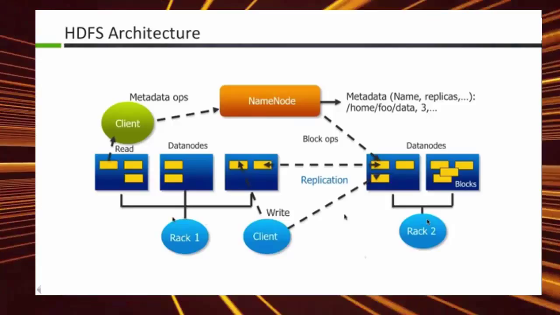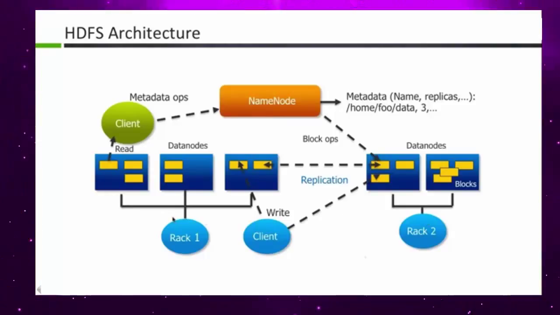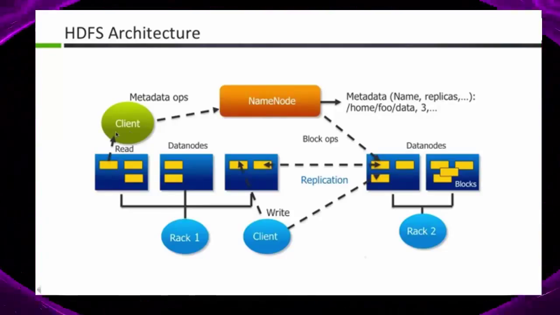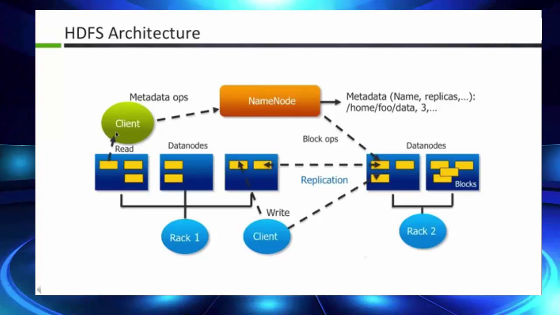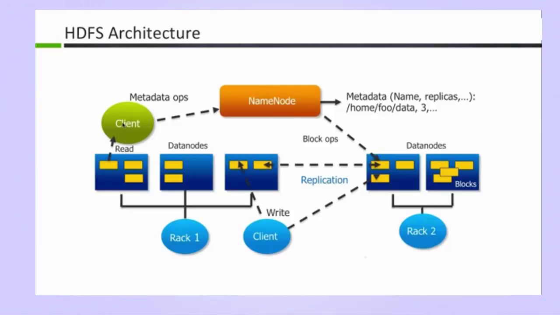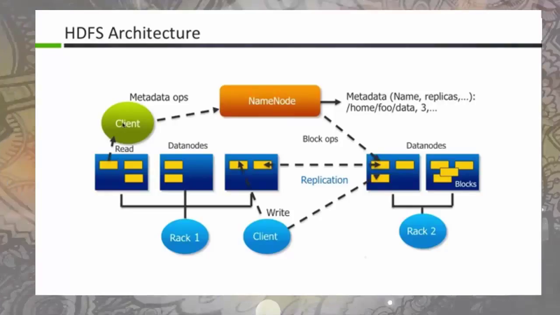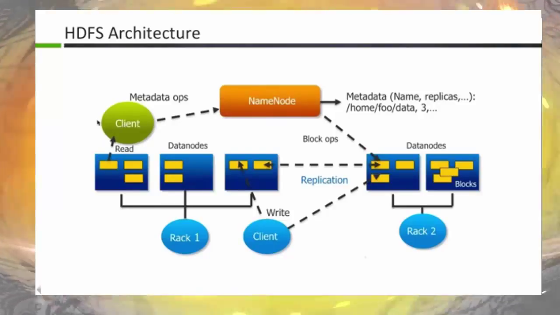Let me just start from the beginning. The first thing will be a client. A client will be your HDFS command line. It could be a Java interface with which you can interact with the name node. The end user is talking to a client.